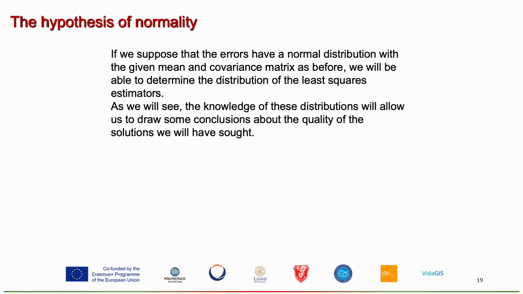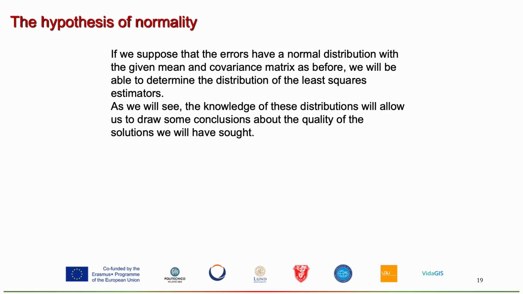Now, an important point for what will be explained in the following. We are supposing that the errors have a normal distribution with a zero mean and a given covariance matrix. In this case, we will be able to determine the distribution of all the least square estimators.